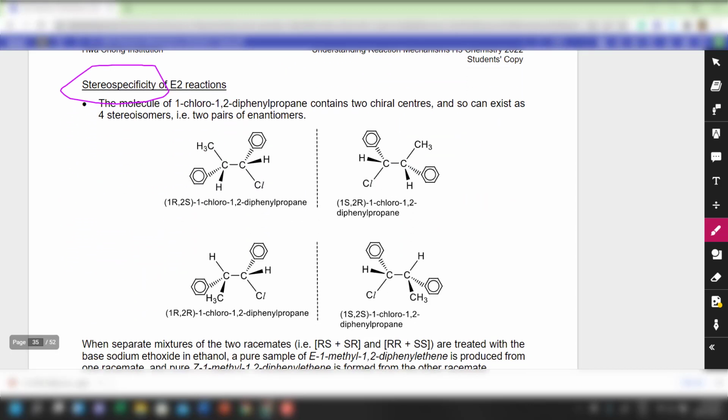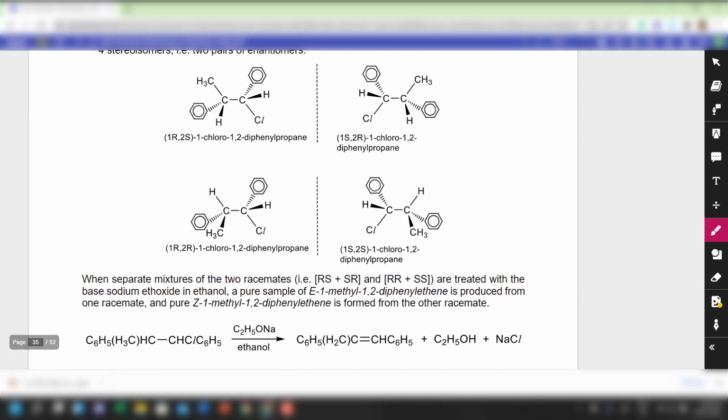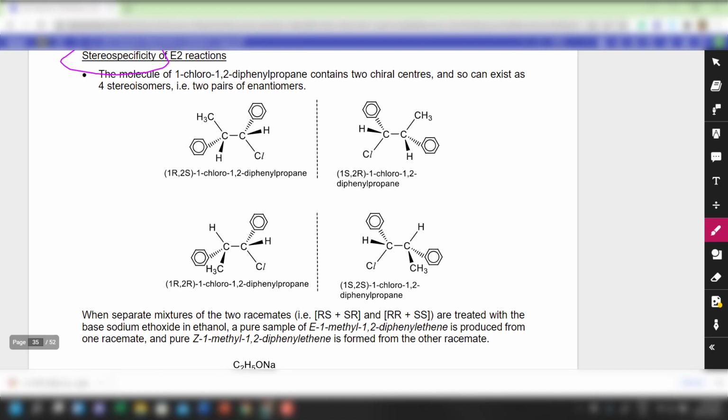But what we really want to say here is that for a stereospecific reaction, what we want to highlight is that in this case we have two chiral centers. We have 1R,2S, and then of course the enantiomer will be 1S,2R. I'm actually talking about this. And then we have 1R,2R, and the enantiomer will be 1S,2S.